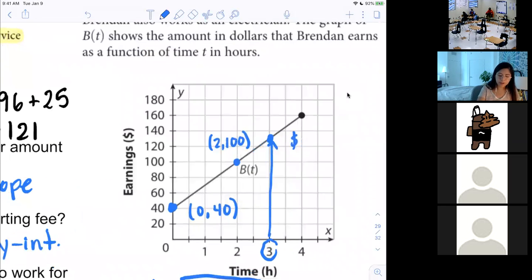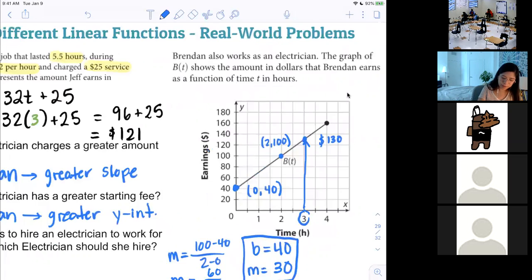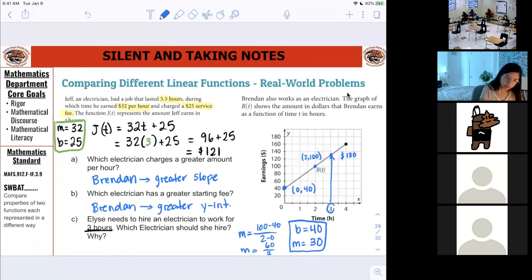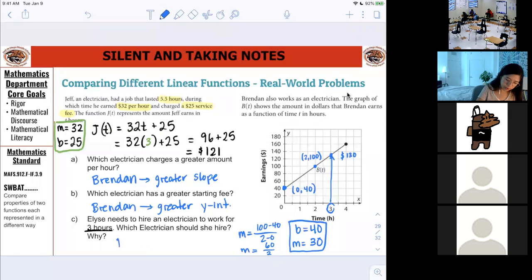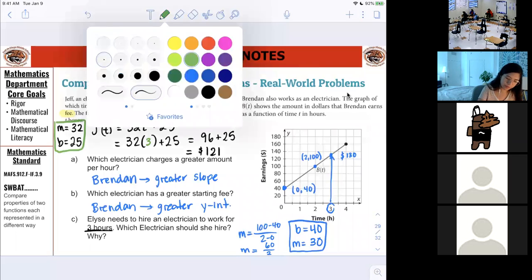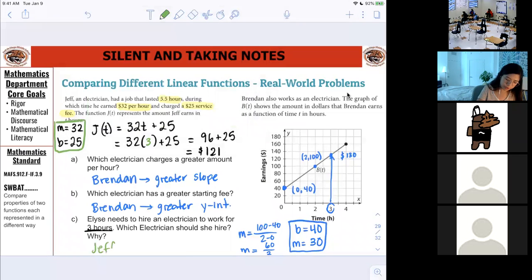It's between 120 and 140. 130. So from the graph, we can figure out that he's going to be more expensive. So she shouldn't choose Brendan, right? She should choose Jeff. Jeff is cheaper.